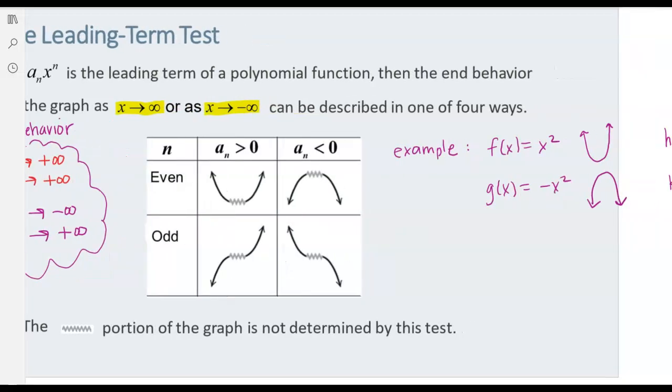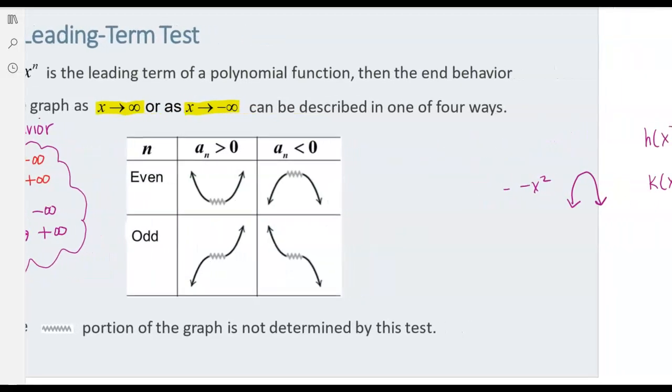Let's look at this one over here. Looking at this graph here, and I'll make an axis system. As x goes towards positive infinity, y is going towards negative infinity.